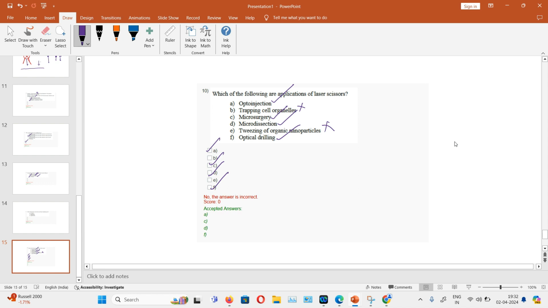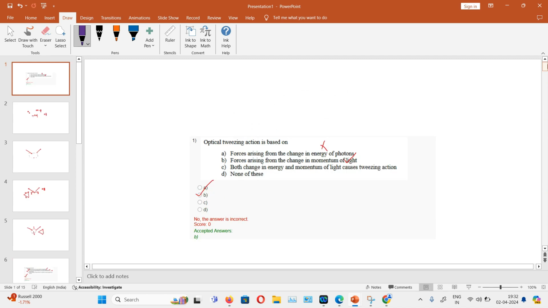So let us have a summary of the sessions which we have taken. We started with optical tweezer. In this week's course, we had optical tweezers and optical scissors and some applications of them. Optical tweezers are optomechanical devices which use the principle of light carrying momentum, and the change in momentum can be used as a force.